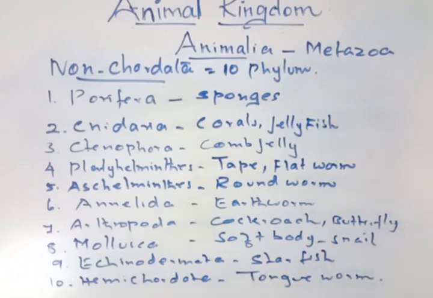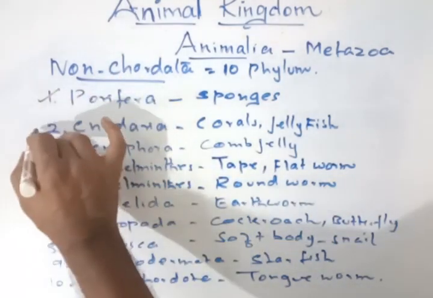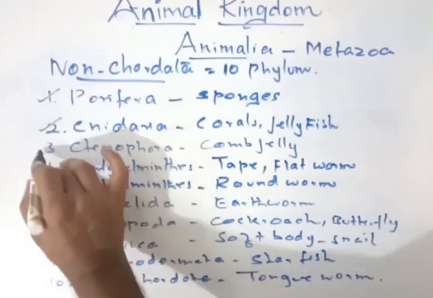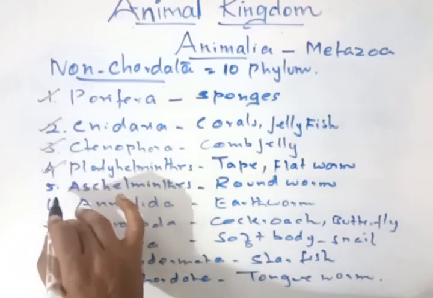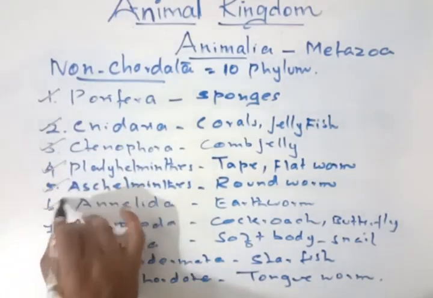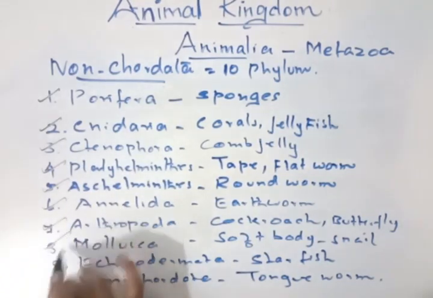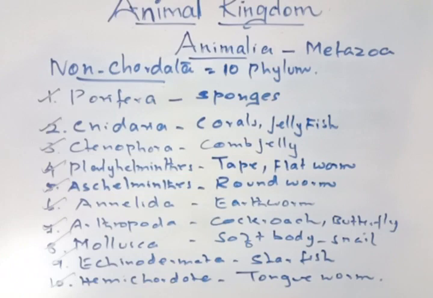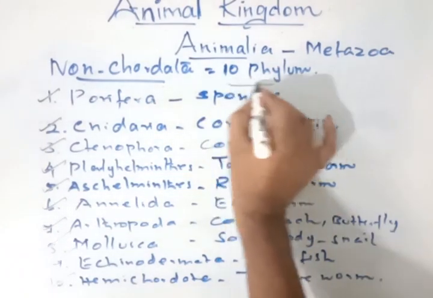All these are in sequence, you have to remember. Is that clear? Sequence with examples you have to memorize. First we talked about protozoa, then Porifera, Cnidaria, Ctenophora, Platyhelminthes, Aschelminthes, Annelida, Arthropoda, Mollusca, Echinodermata and Hemichordata. So these are the 10 phyla that we have discussed here.